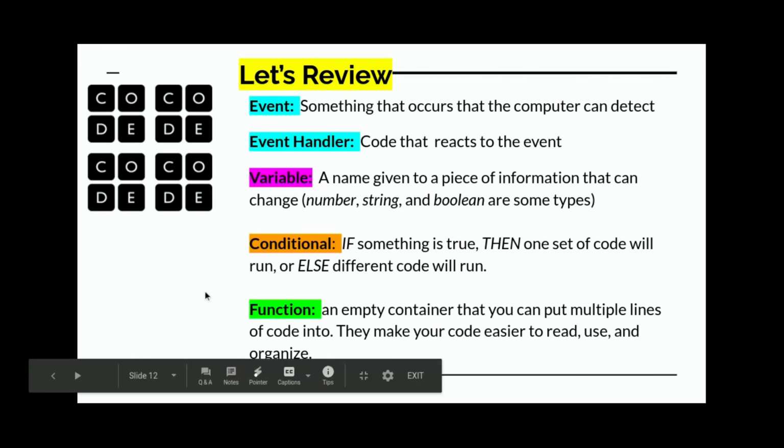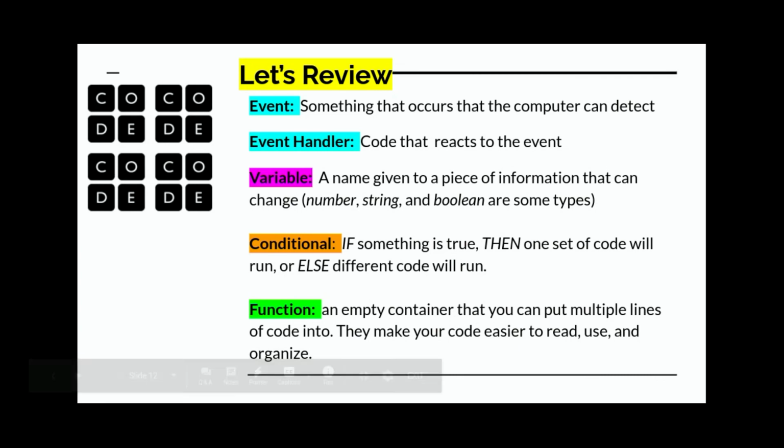A function is another empty container with a name, but this time you can put a bunch of code into the container, really as much code as you want. You'll see functions out there that could be 100 lines of code, 100 different instructions, all given a name. And when you want all that code to run, you call the function's name out, and it'll run.